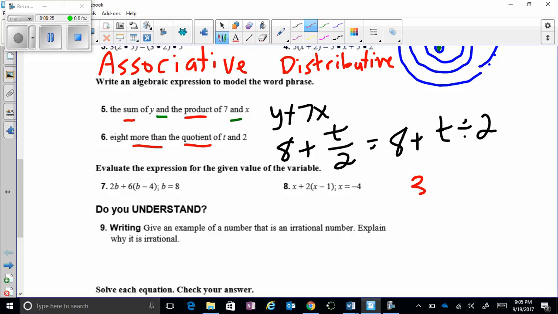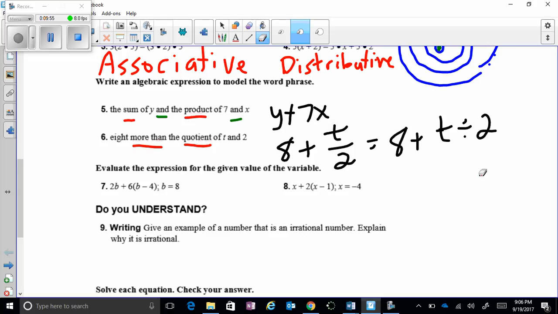If I had this expression here, just making one up, in the words, it could say, I want the product of 3 and the sum of x and 2. So you're taking the product of a sum. So when you have those words, product of a sum back to back, or product of a difference, which then would switch that plus sign to a minus sign, you have to have parentheses there.